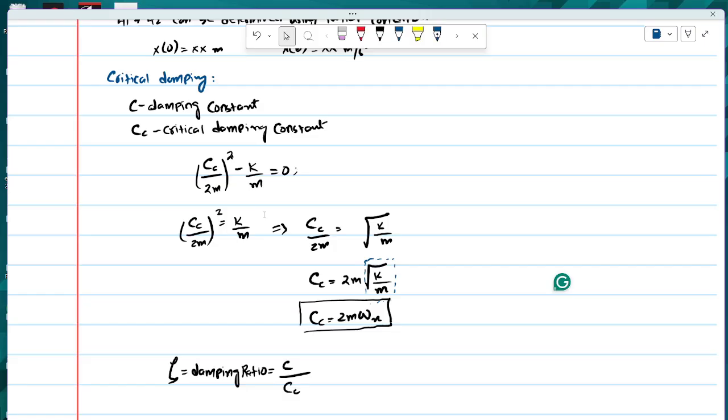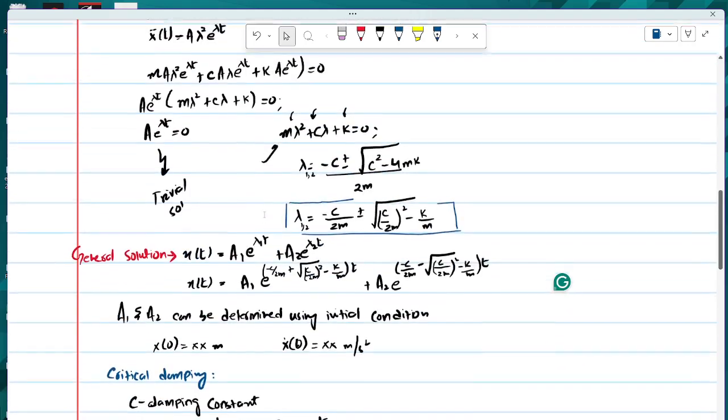Mostly we are concerned with the damping because the mass and the stiffness of a system are beyond our control. They are material and structure properties. You can't mostly play with those values. The thing we can play with most is the damping, so that's why we classify the system based on the damping.